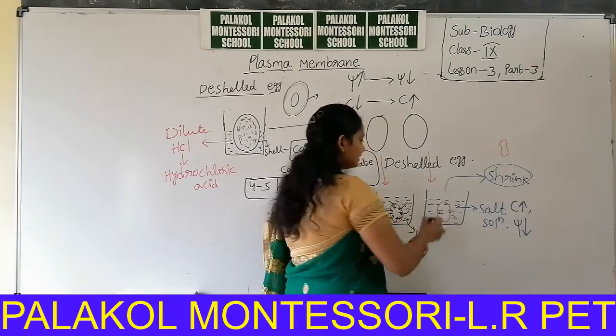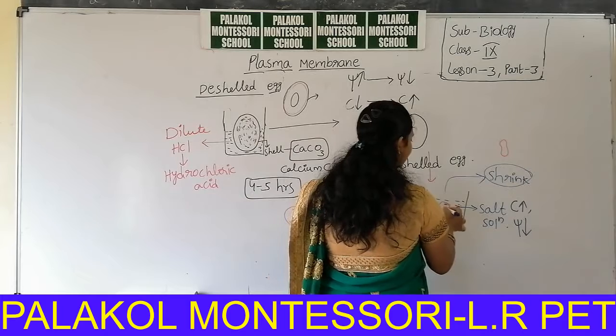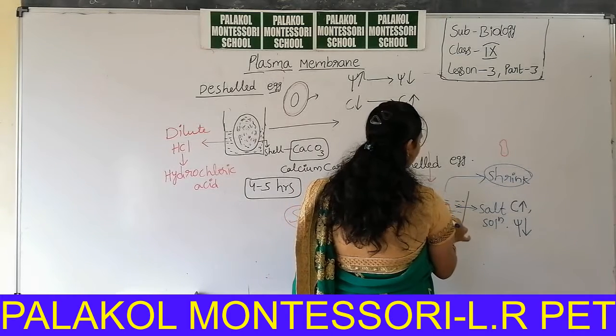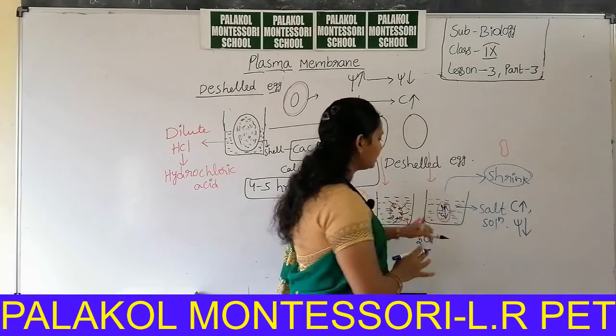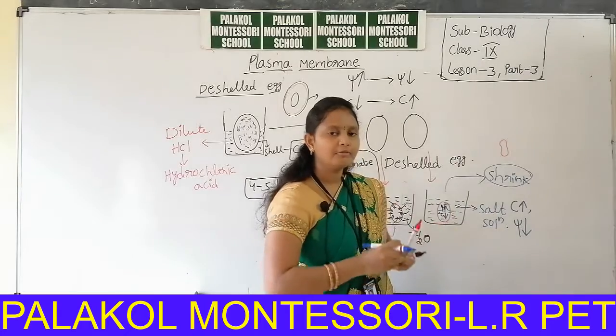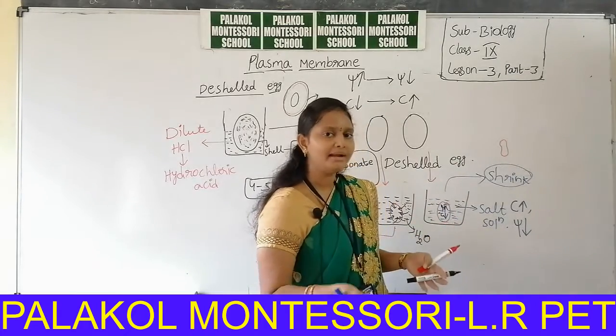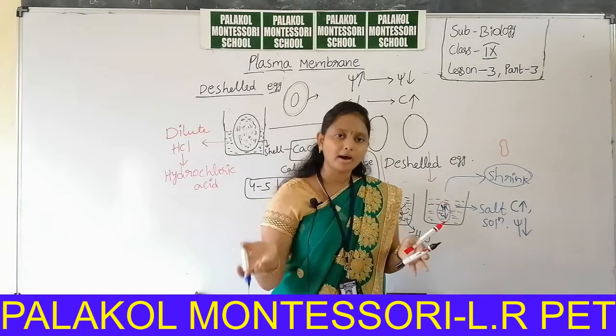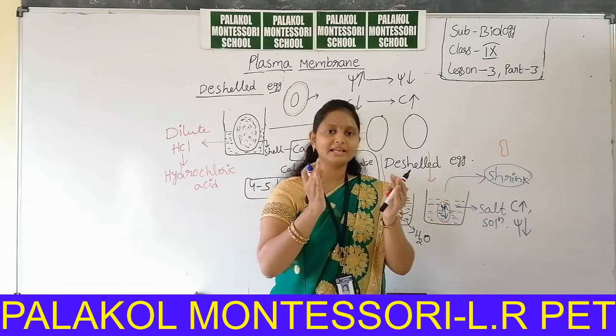The water present inside the egg has high potential and low concentration. So the water present inside the egg will come outside. If the water present inside the egg is lost, what will happen? The egg shrinks.